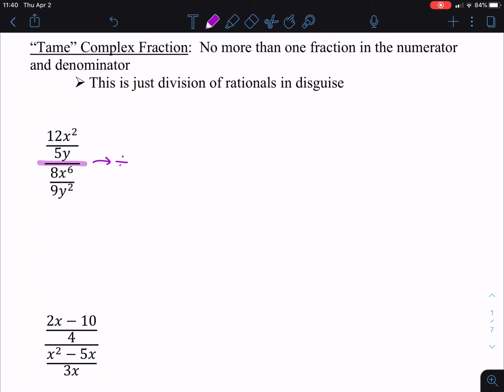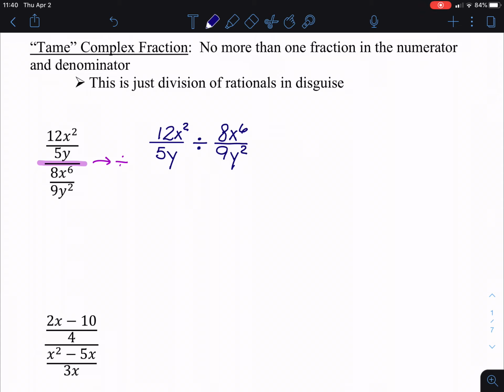So this complex fraction is really just a division problem, and we've just gone through doing those types of things. So I can rewrite this complex fraction as 12x squared over 5y divided by 8x to the 6th over 9y squared.